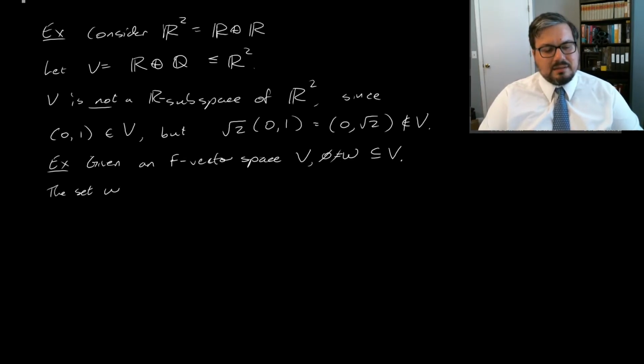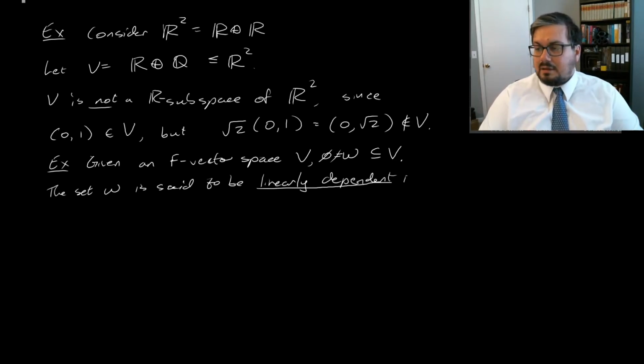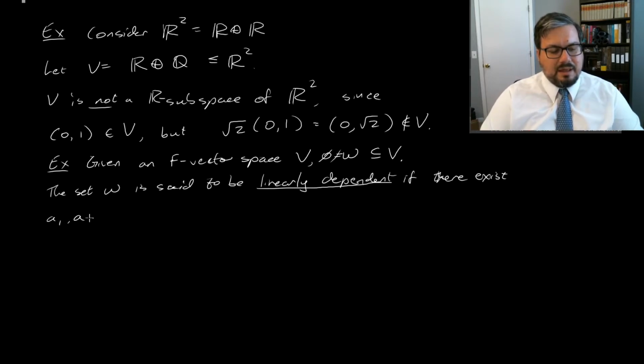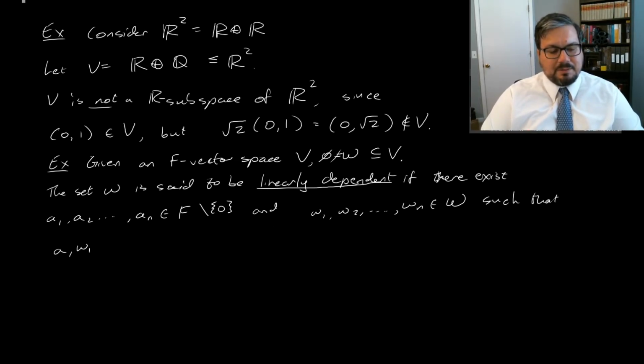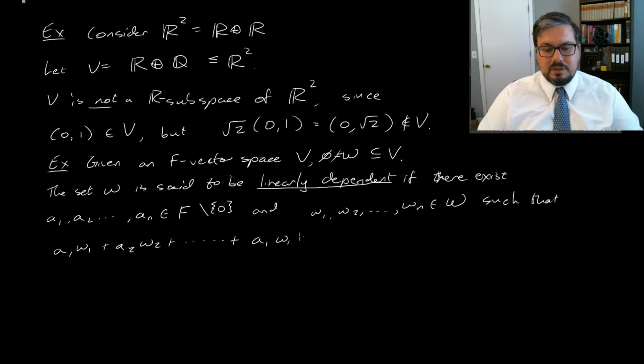The set W is said to be linearly dependent if there exist A1, A2, up through AN in F that are non-zero, and W1, W2, up through WN in W, such that A1 W1 plus A2 W2 plus dot dot dot plus AN WN is equal to 0.